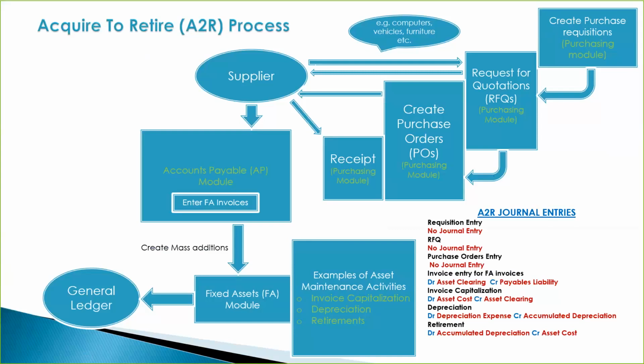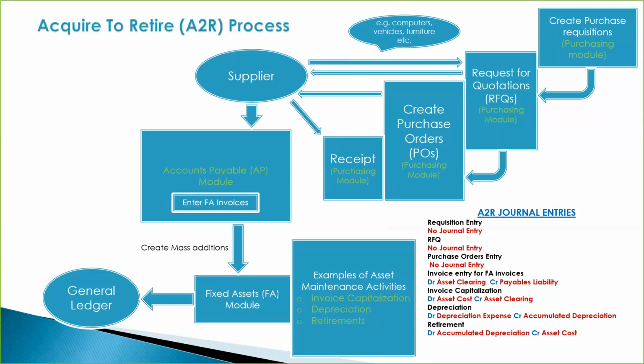The next thing would be to raise a request for quotation, or RFQ. These are raised within the purchasing module, as well as the purchase requisition. As an end user, or a person who works in the department, you send that request for quotation to the suppliers, and the suppliers will send back the quotes.